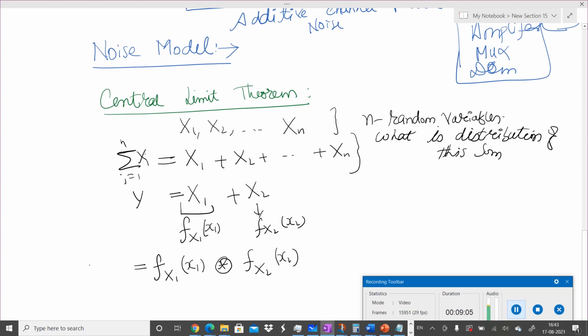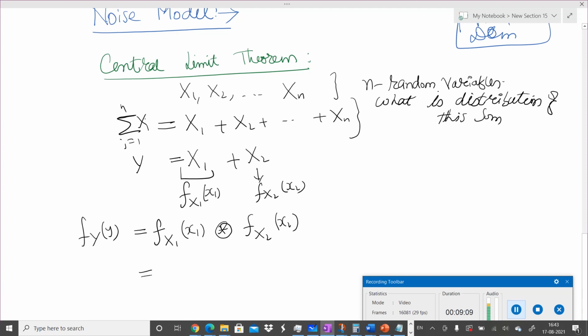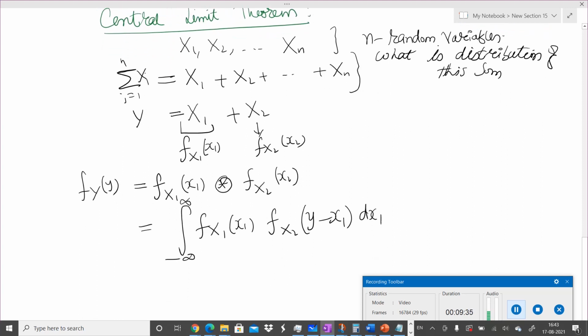Okay, so this will be the PDF of y. So how do you define the convolution? Since I have taken x1 and x2 here as continuous random variables, the convolution operation is an integral: fx1 of x1 and fx2 of y minus x1 dx1. Okay, so this will be the convolution operation from minus infinity to infinity, and this will be the PDF of the sum.